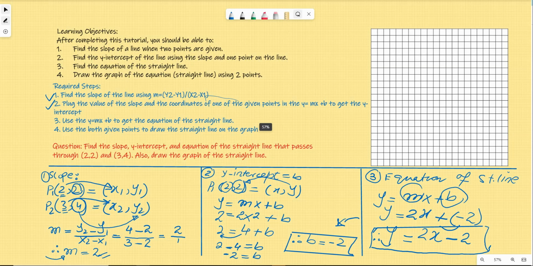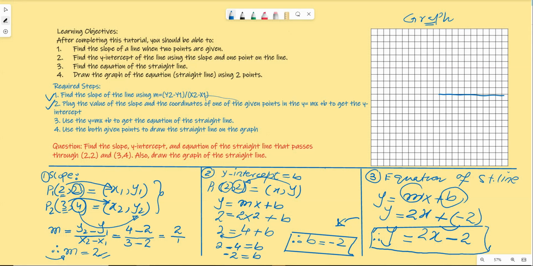Now we will draw the graph. Let's do it. This is our graph. We already know the 2 points, P1 is (2, 2) and P2 is (3, 4).